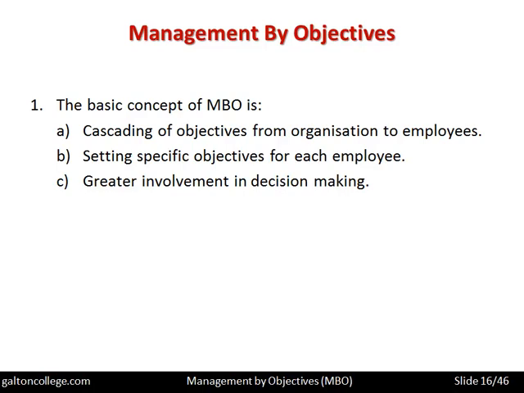And if there are issues in one part, the chances are the overall organization will not achieve its goals. It'll fall short. So it's important that there's good communication and that the issues that are raised are dealt with effectively.